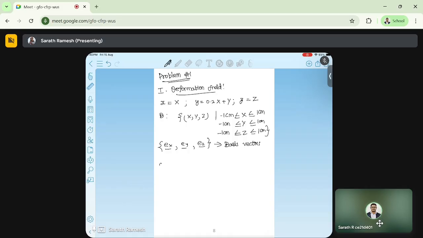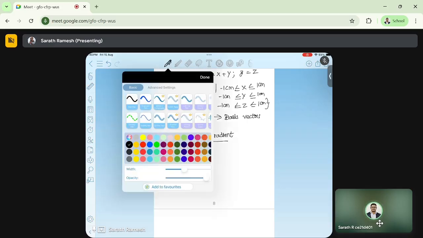First, we have to find the deformation gradient. This is the first question. Now how to find the deformation gradient?